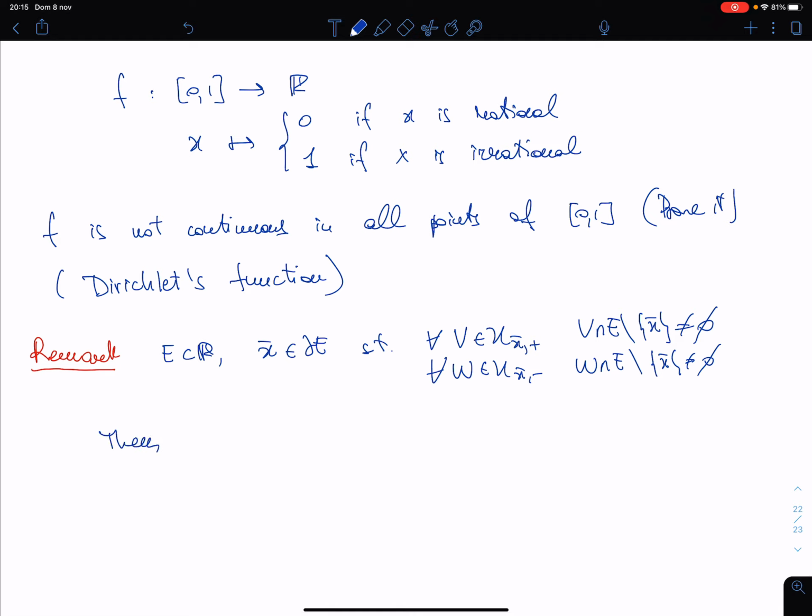Then we have that the limit, I forgot to define a function from E to R, for instance, monotonically increasing.